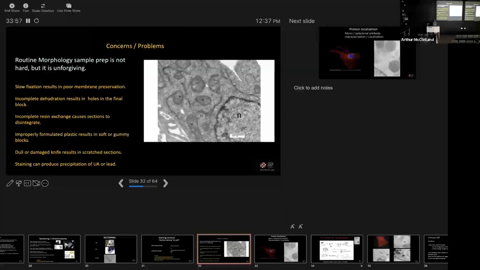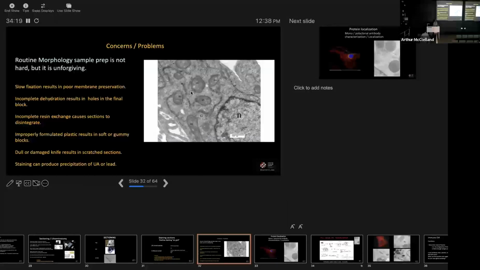Or on the other hand, it's going to shatter. So you can make your resin too soft, or too hard. Dull or damaged knives are going to completely scratch the surface, so you won't be able to see anything. And the staining can precipitate all over the place. So it's frankly a miracle it ever works.